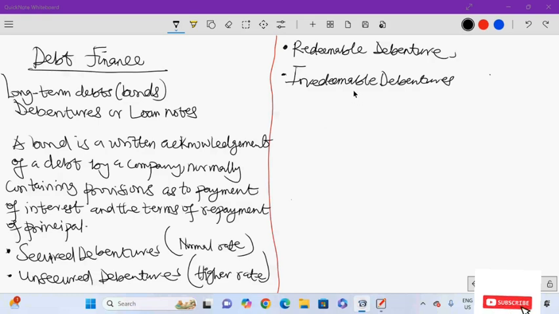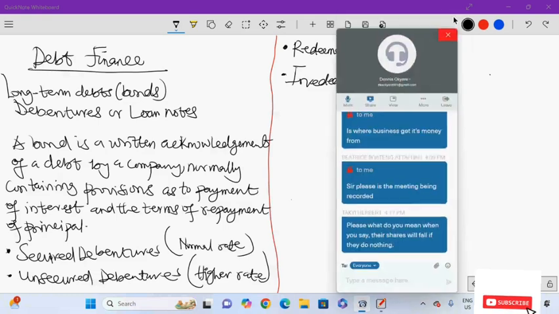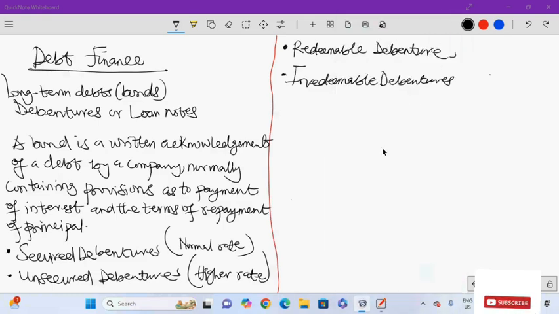Okay. So now, debentures are also traded on the stock exchange, like the way we trade shares. But they are normally in units.